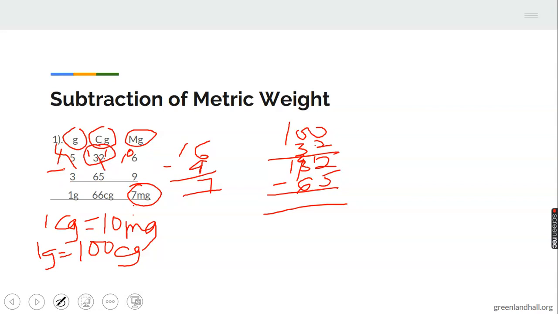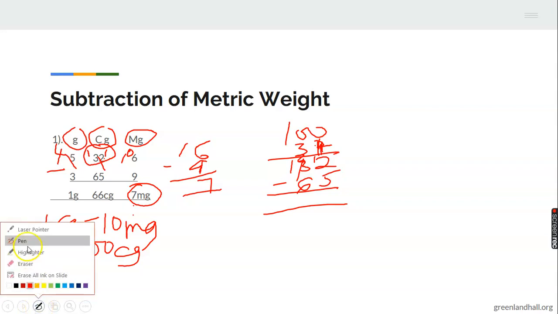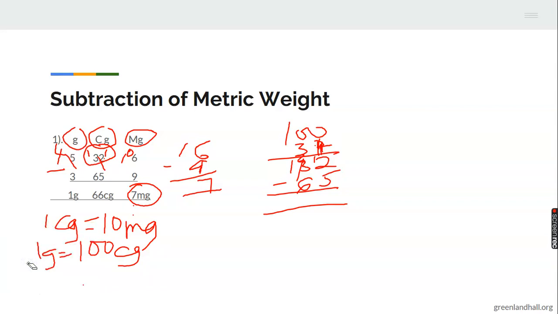So 100 plus 31 will give us, it is 31 that should be here, not 32. Let me clean it. It is 31 that should be there. So this is not 2. This is supposed to be 1. And this 2 should not be 2. That should be 1.